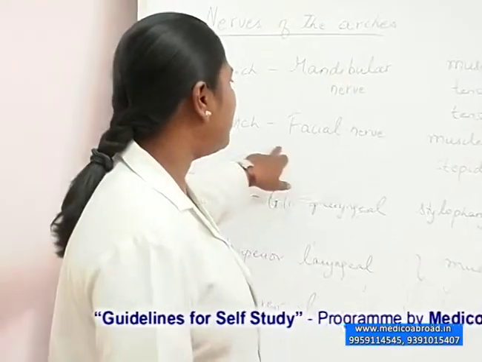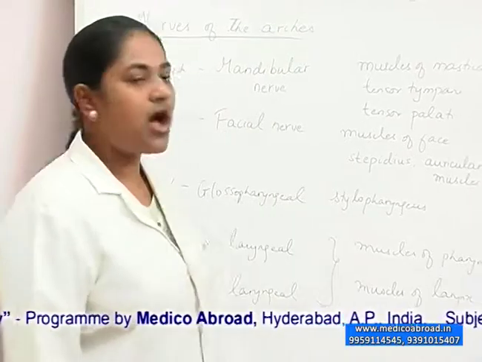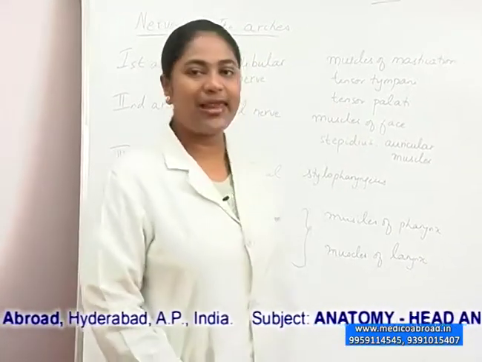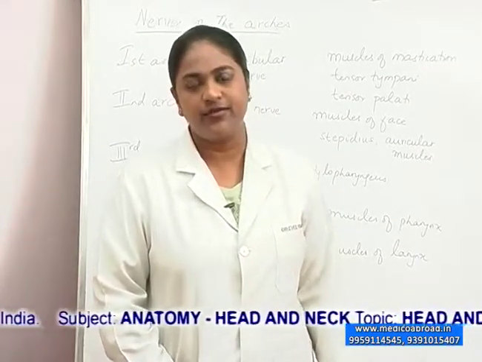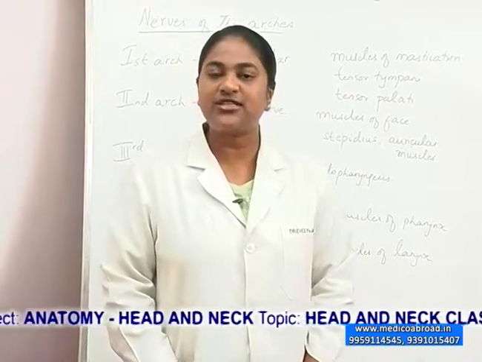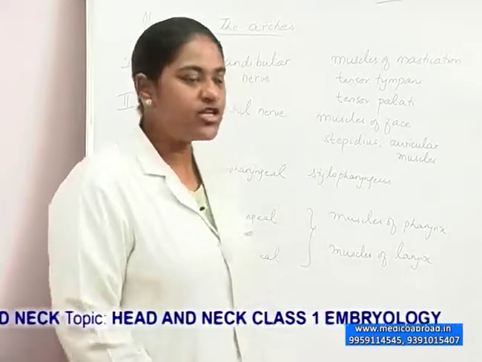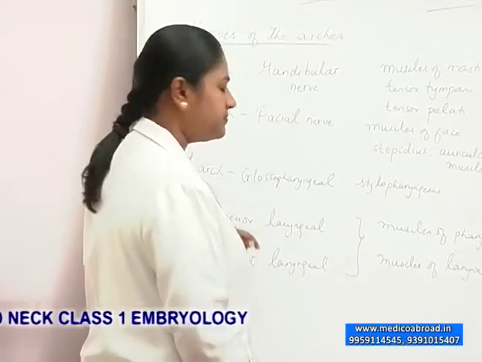The second arch is supplied by the facial nerve. The facial nerve also supplies some first arch muscles. Tensor tympani is supplied by the chorda tympani branch of the facial nerve. So the first arch actually has a double innervation. The facial nerve is the nerve of the second pharyngeal arch.